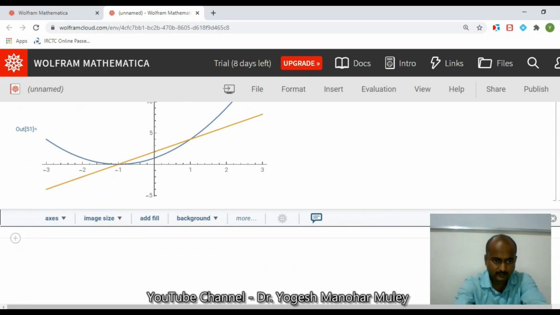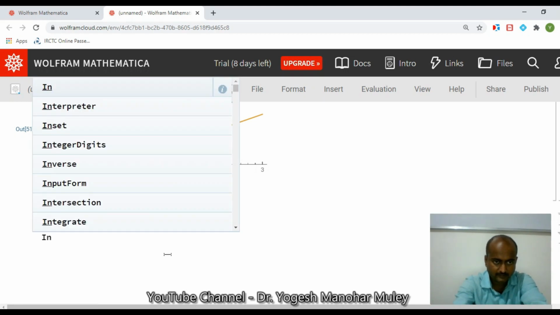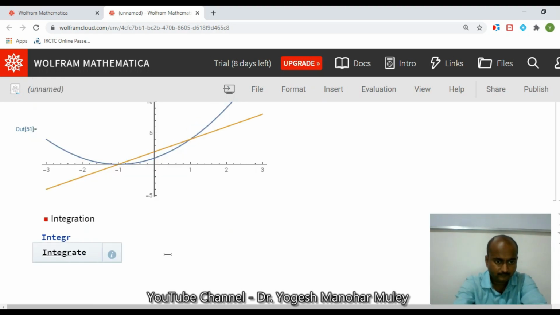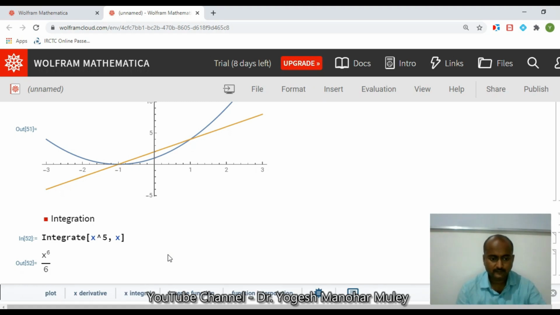So after this we are going to find integration. For integration we will use Integrate x raised to 5 with respect to x. This will give the integration of x raised to 5 with respect to x.